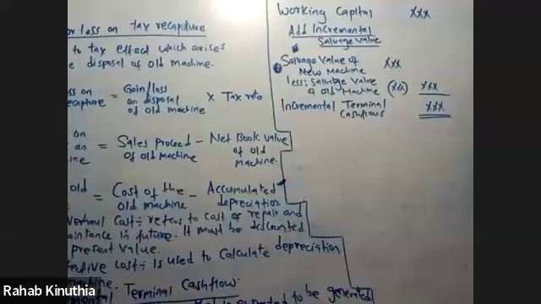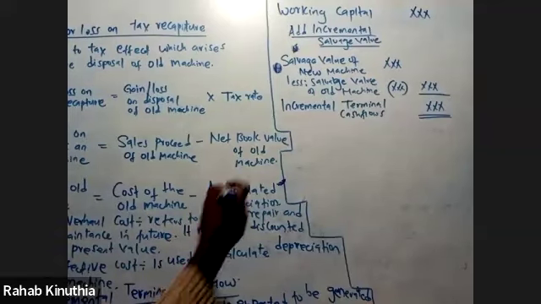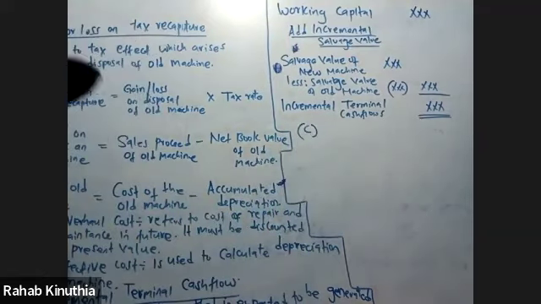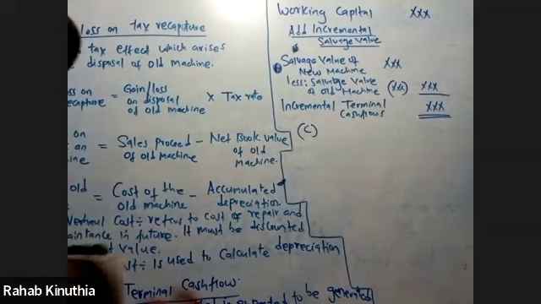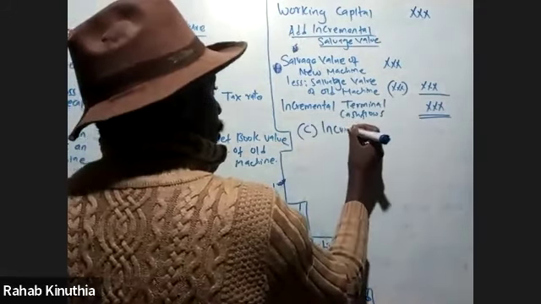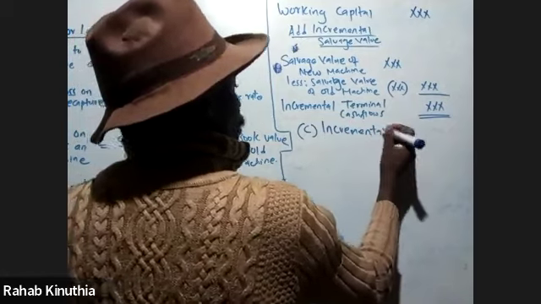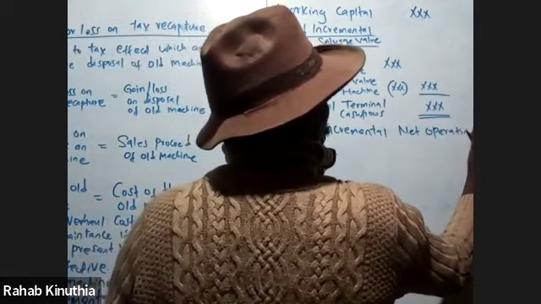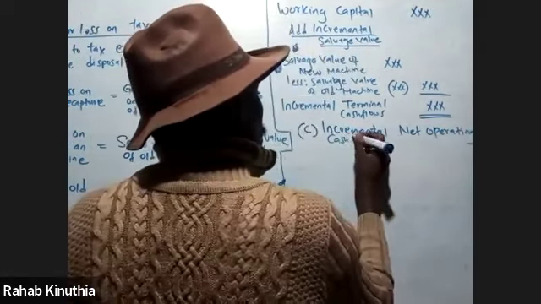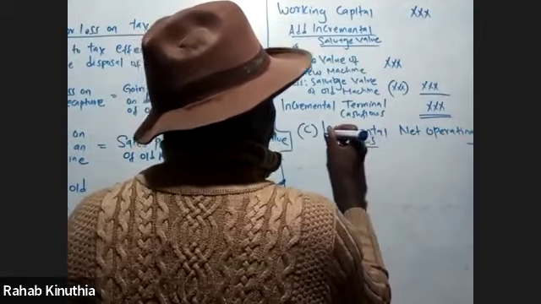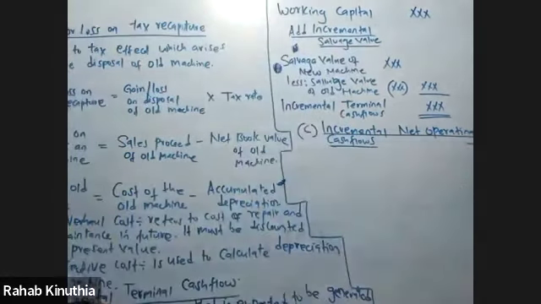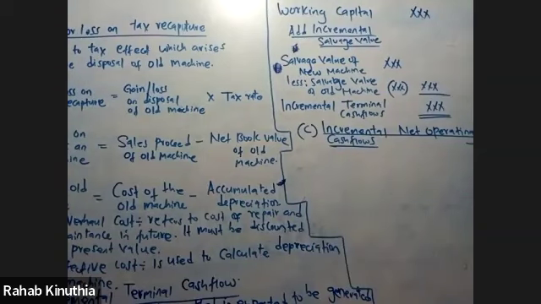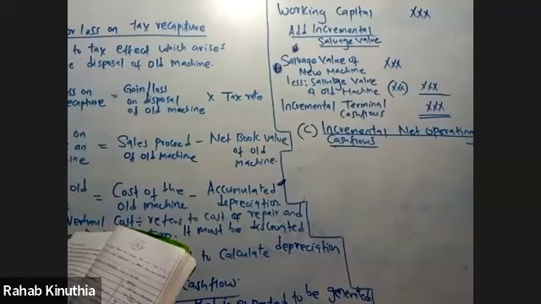And then number C, as our last one: incremental net operating cash flow. This refers to the external benefit that will be generated by the new machine during the normal operation of the business.